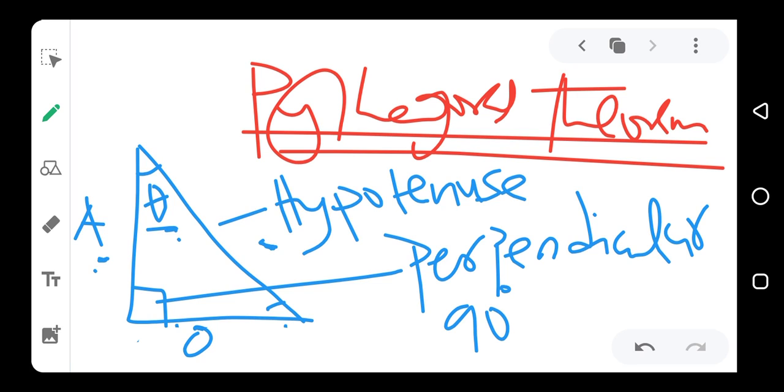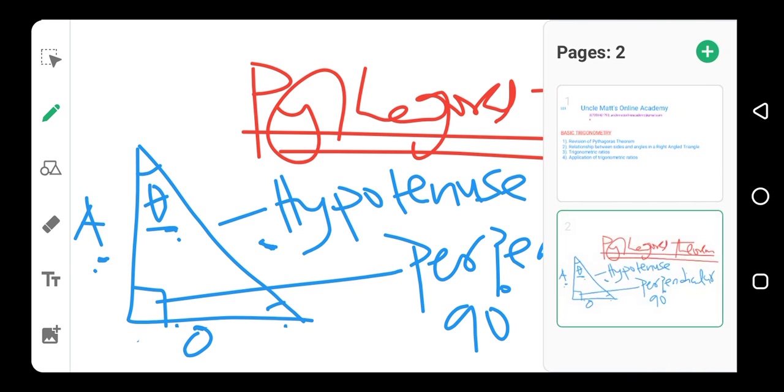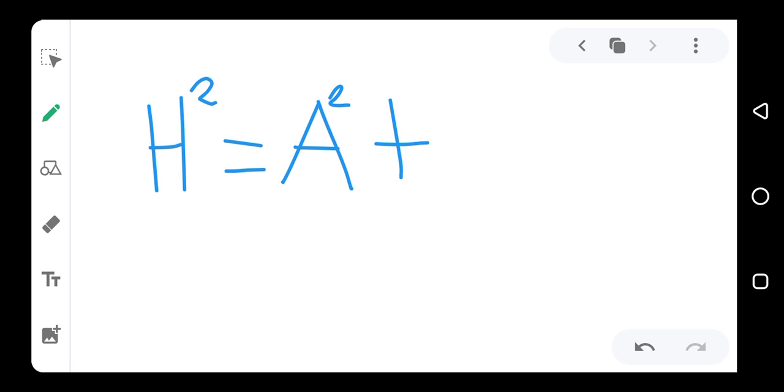That is, the square of the hypotenuse is equal to the sum of the squares of the other sides, either the two adjacents if the other angle is not given, or the adjacent and the opposite if we know one of the angles. If we represent the hypotenuse with h, h squared is equal to the adjacent, let's represent it with a, squared plus the opposite squared.